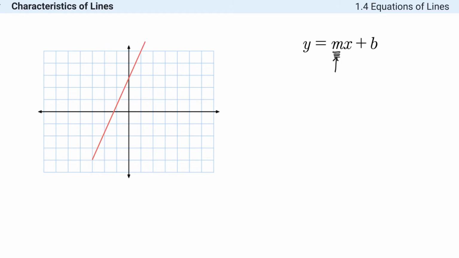So does it have a high slope, or is it down here like this? So it doesn't have much slope. Or maybe it's just flat, so the slope would be 0. Or maybe it's perfectly vertical, in which case the slope of that line would be undefined, because there's no run to it.